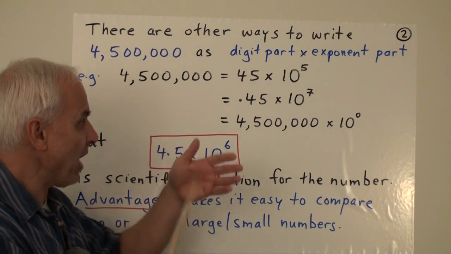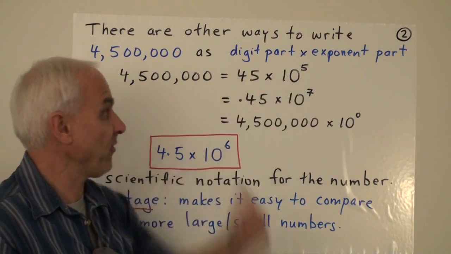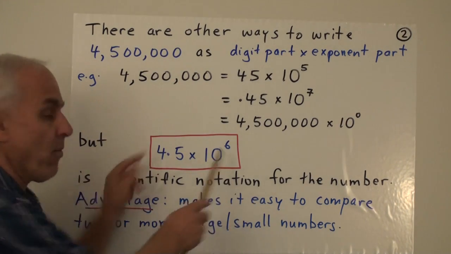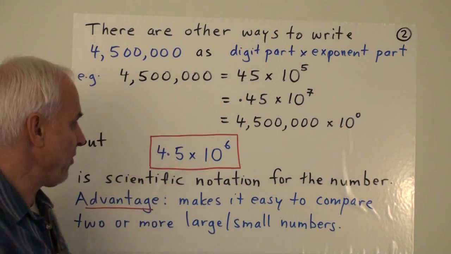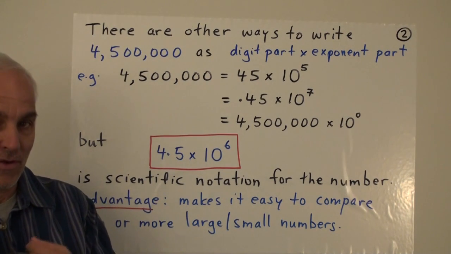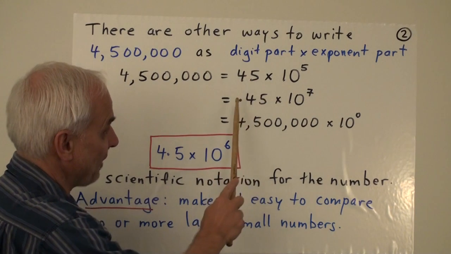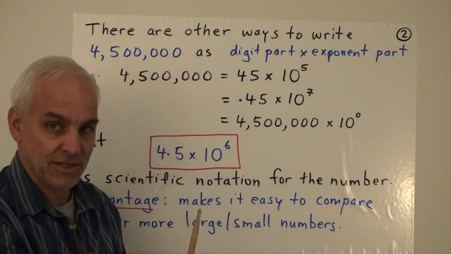So there's lots of possible ways of writing this number as some decimal number times an exponent or power of 10. But there's only one way, which is scientific notation. We have to have exactly one digit to the left of the decimal. Here there are two digits to the left of the decimal. Here there are 0 digits.